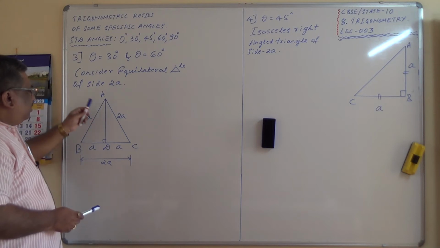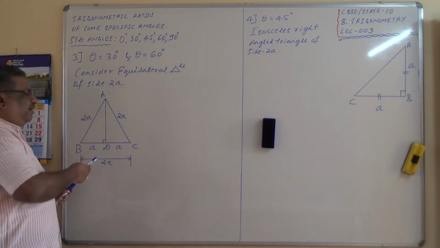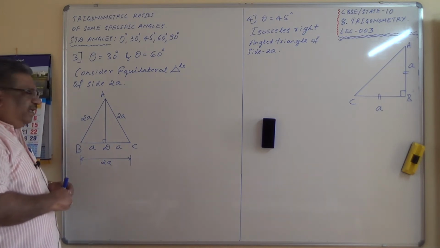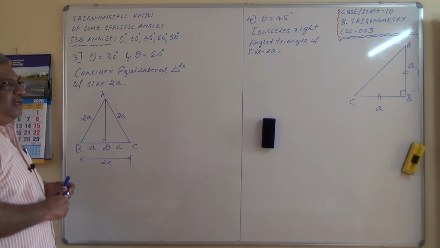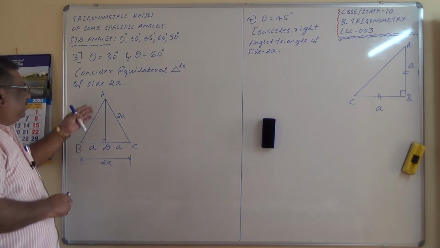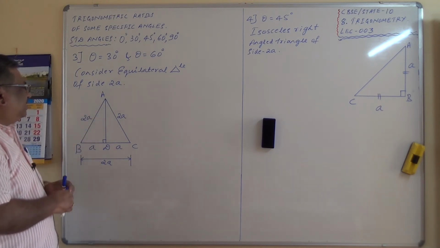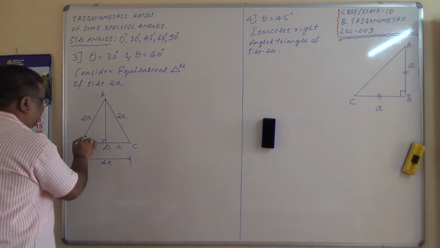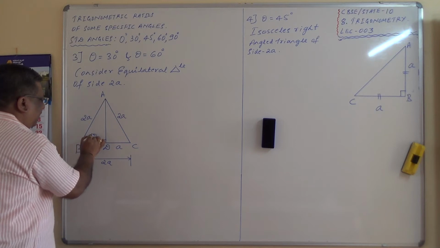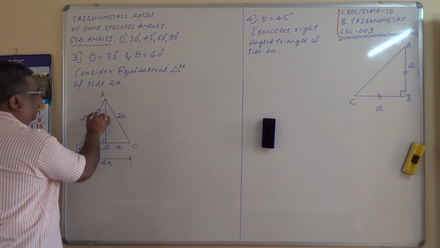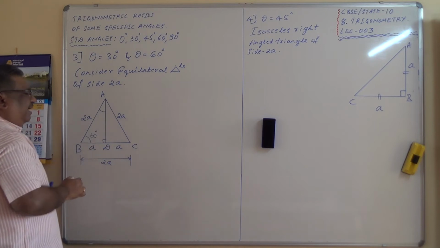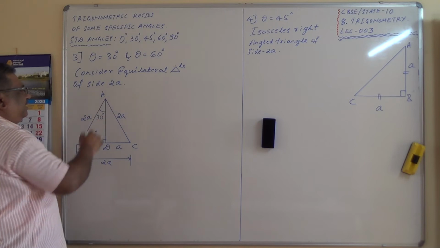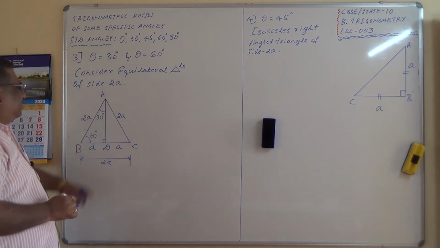This AD becomes an angular bisector also, and AD is a median also, and AD is an altitude also. That you know already, that is the property of the equilateral triangle. And therefore here this is 60 degree because it is an equilateral triangle, and here AD being the angular bisector, 30 degrees. The whole angle is 60, this is 30, and this side also it is 30.